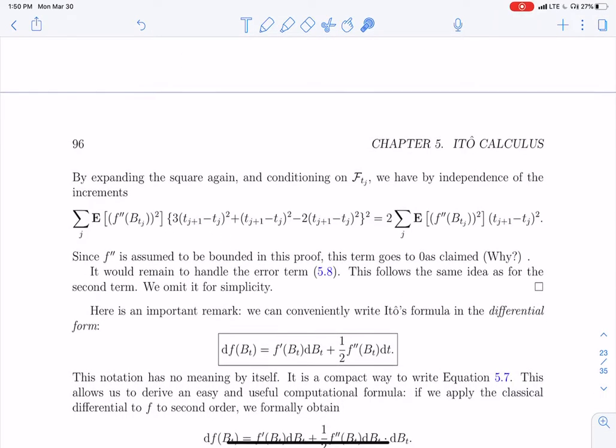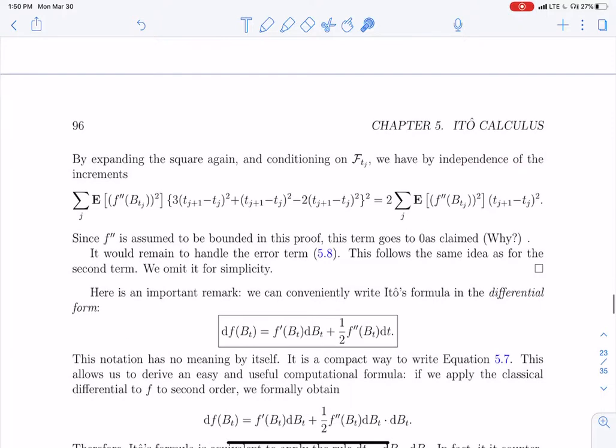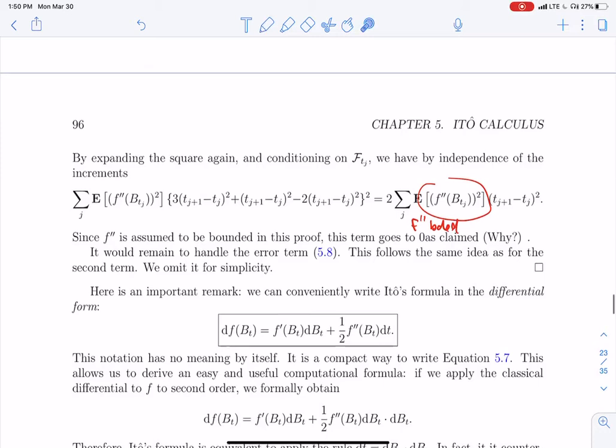You do the cleaning of this, and you get that. Okay? Now this is why I want the second derivative to be bounded. So this guy is finite. There's a way to get out of that, but that complicates the proof.